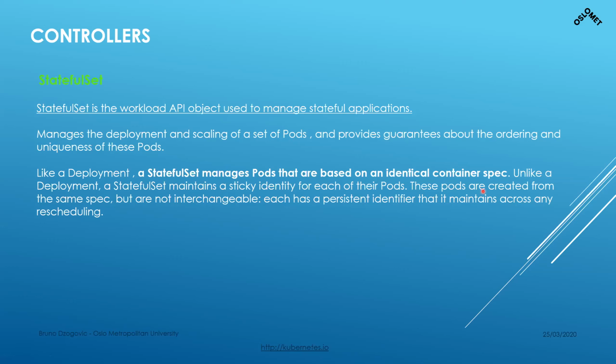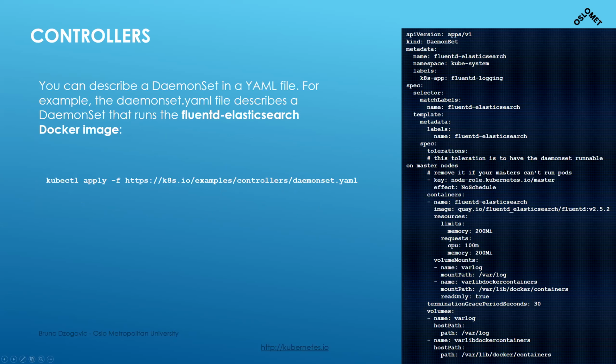The pods are created from the same spec, but are not interchangeable; each has a persistent identifier that it maintains across any rescheduling, like in the previous example. In the spec, you have a selector and labels.